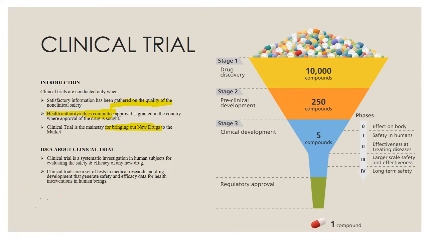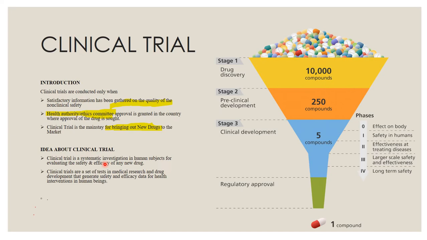So now next is the idea about the clinical trial. It is a systematic investigation in human subjects for evaluating the safety and efficacy of a new drug. So here the keywords are safety and efficacy. You know previously while studying pharmacodynamics or pharmacokinetics, what is safety, what is therapeutic index and what is efficacy of a drug.